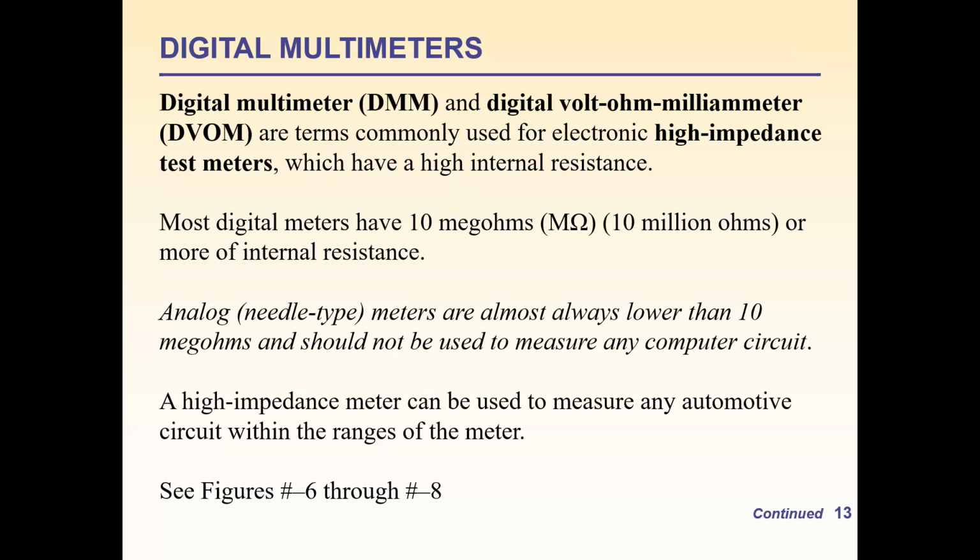And for hybrid vehicles or electric vehicles, which have very high voltages, we have to use a different category of multimeters which are characterized by CAT 1, CAT 2, CAT 3 ratings.